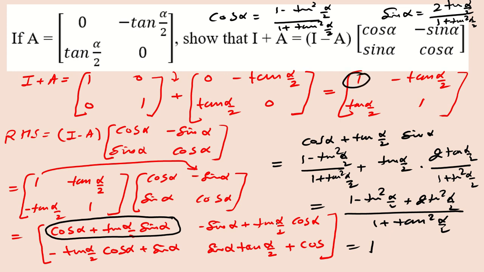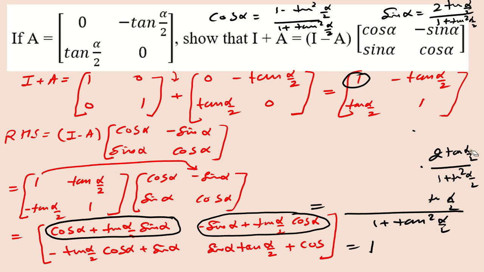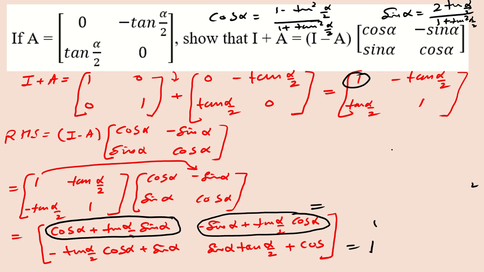Okay. So similarly you can simplify all the elements. We'll see for this also, so that we can see whether we are getting minus tan alpha by 2 or not. Okay. I'll try to finish it quickly so that you can save your time also. Now it is just a matter of time. Let me write it quickly. Okay. So just calculate this.